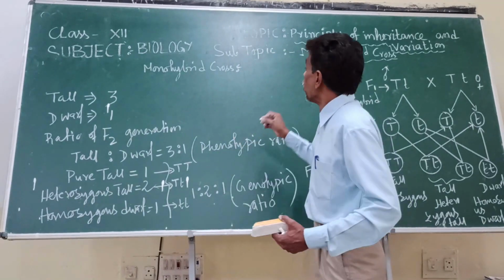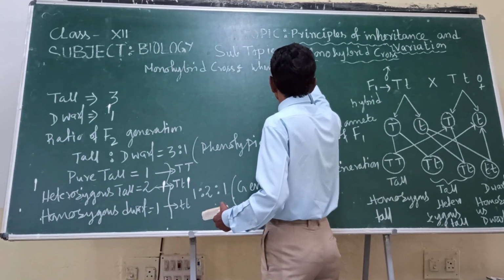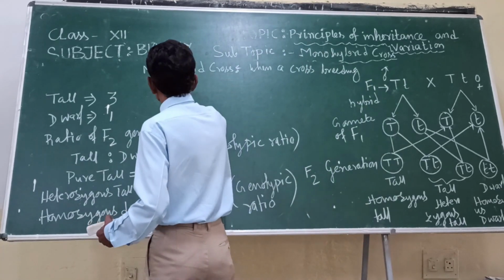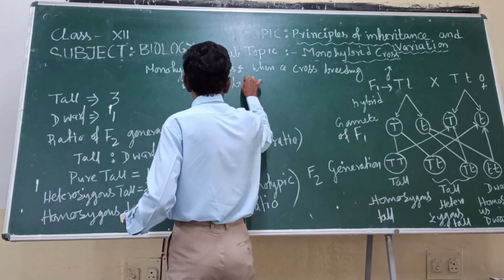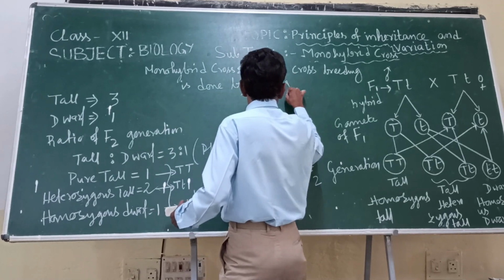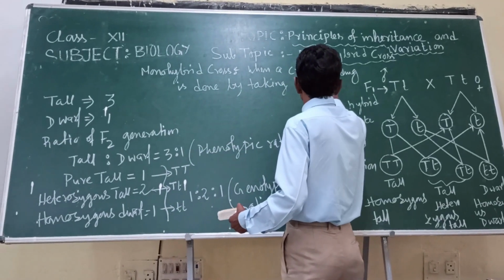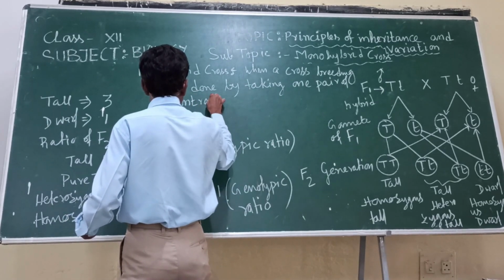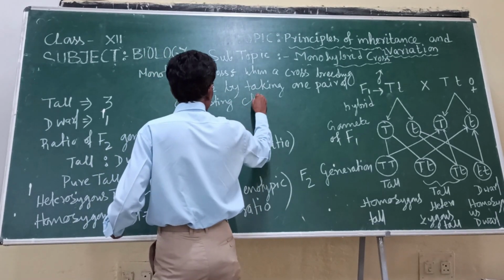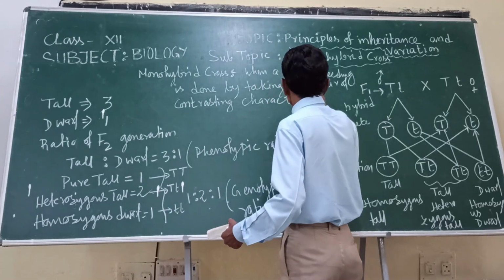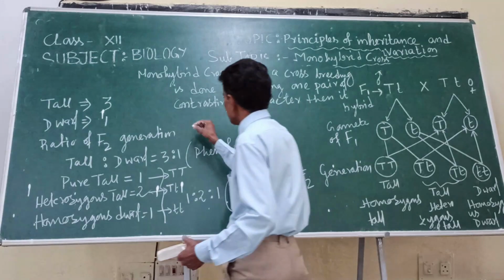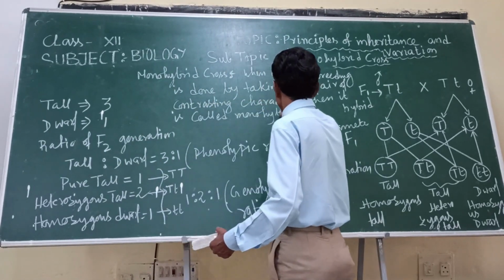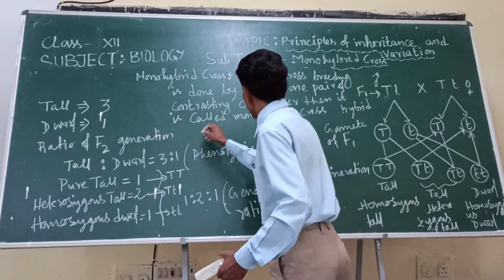How can we define it? A very simple way: when a crossbreeding is done by taking one pair of contrasting character, then it is called a monohybrid cross.